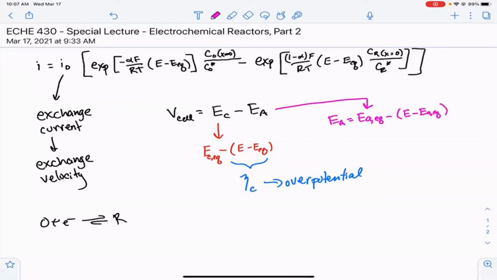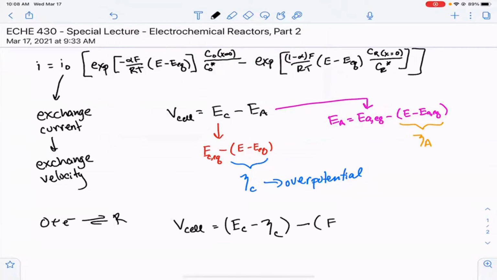And this part is the overpotential of the anode. And here's what we write usually, then, that the cell voltage equals the equilibrium potential of our cathode minus the cathode overpotential minus our anode equilibrium potential minus the overpotential of the anode.